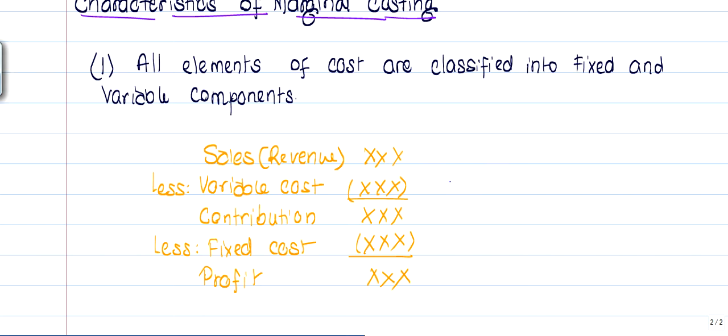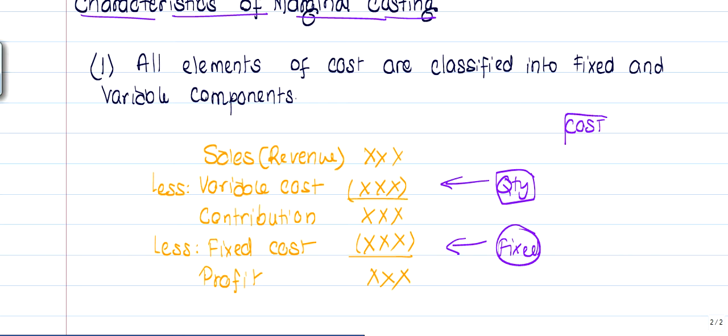This variable cost changes according to the quantity, but this is fixed. So whatever the cost, your total cost is divided into variable cost and fixed cost under marginal costing.